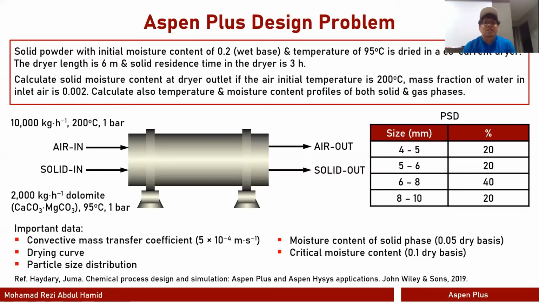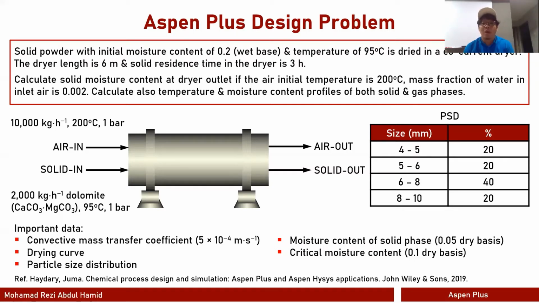So as you can see here, this is our Aspen Plus design problem. We have a solid dolomite powder with an initial moisture content of 0.2, or 20% wet basis, at a temperature around 95 degrees Celsius.